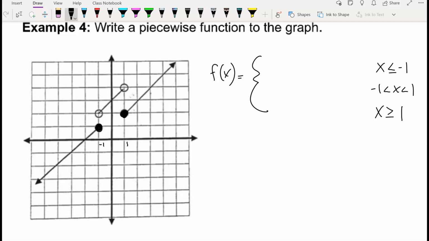It looks like the slope is over 1, up 1, over 1, up 1, over 1, up 1. So it'd be 1x plus 2. So remember, our lines are y equals mx plus b. So m is the slope, and b is the y-intercept.